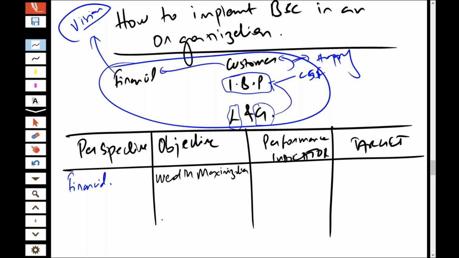The other objective is going to be, let's say, cost minimization.